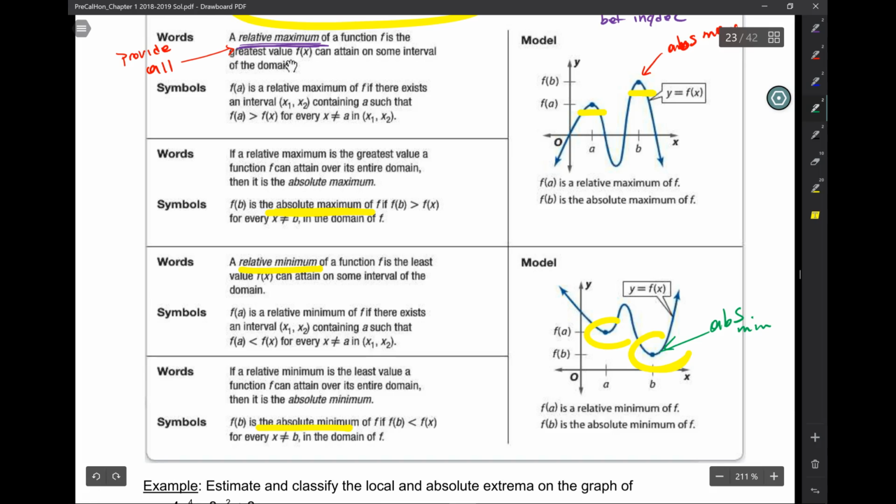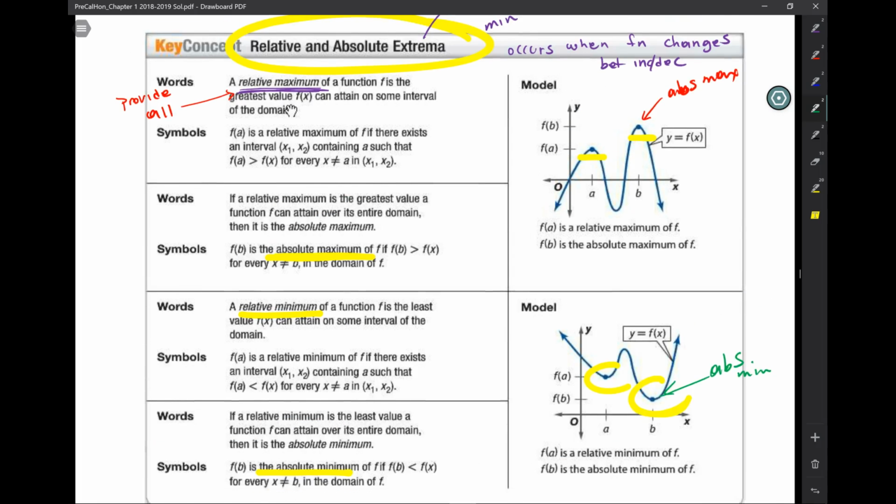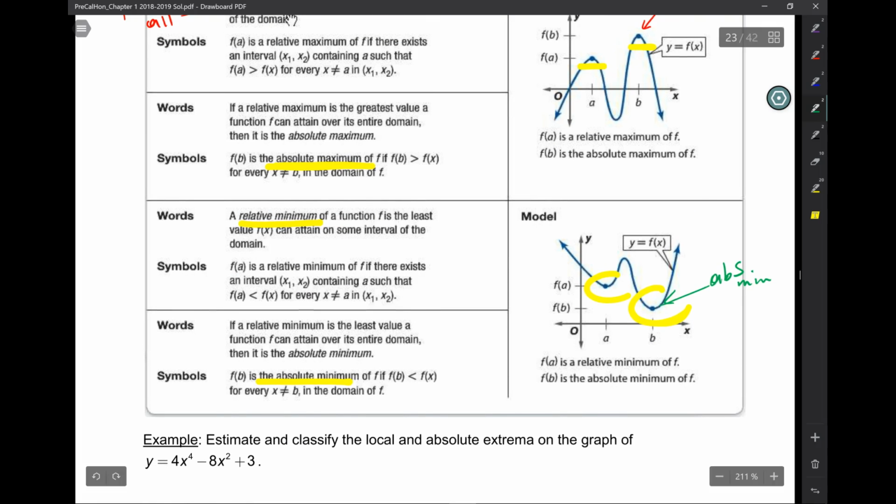If I ask you for the relative minima, give me all of them. Another word for relative min or max is local min or max. Local is the same as relative.